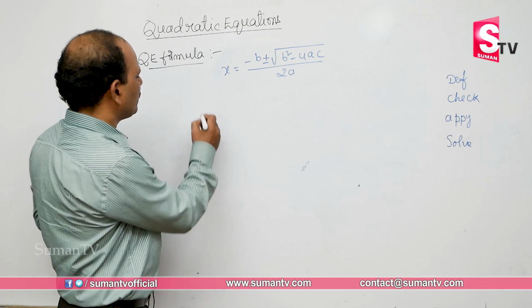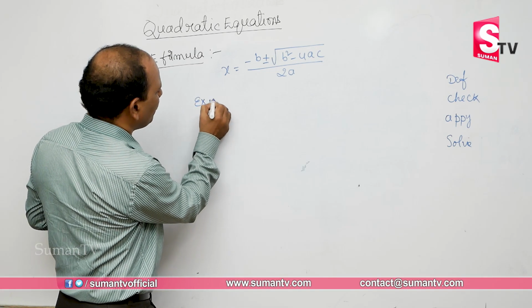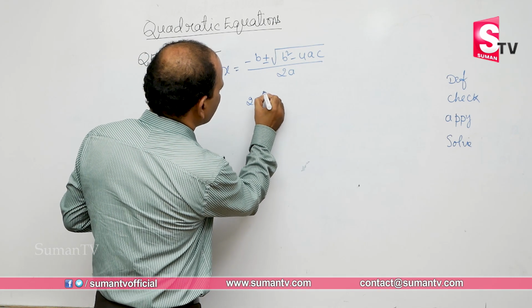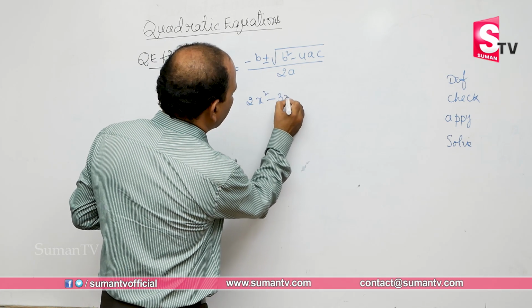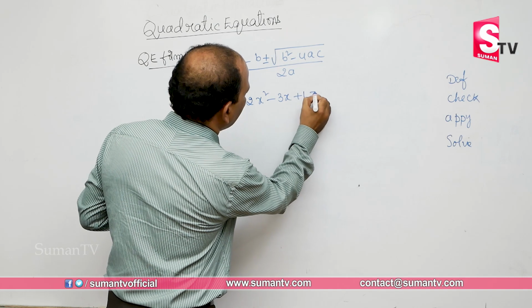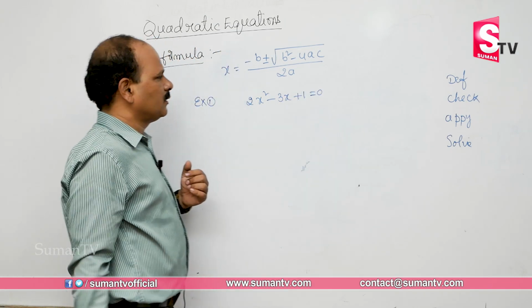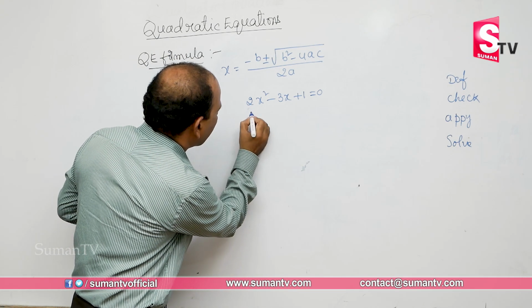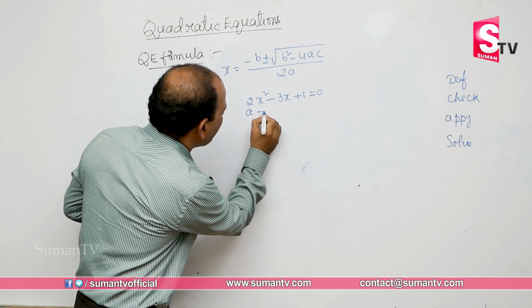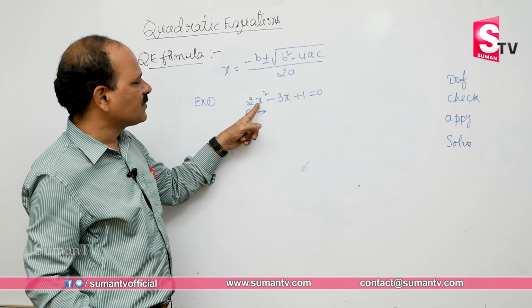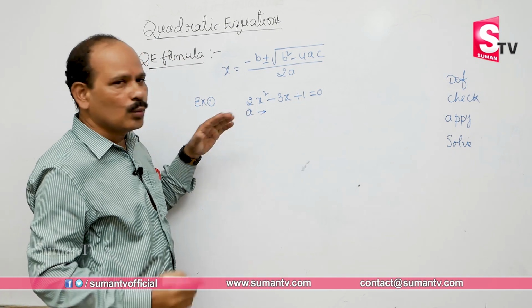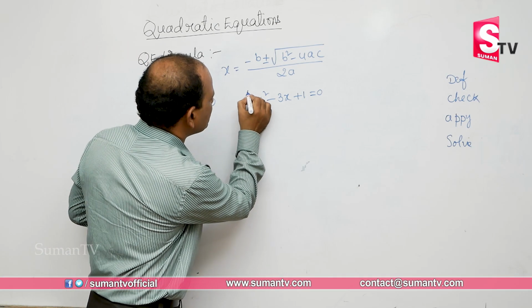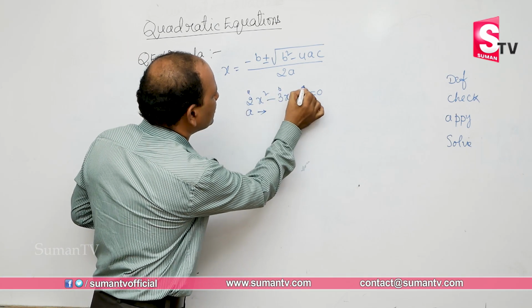Now, let us take one example problem and discuss it. 2x square minus 3x plus 1 is equal to 0. This is in the form of ax square plus bx plus c, so we have to select which one is a, which one is b, and which one is the constant.